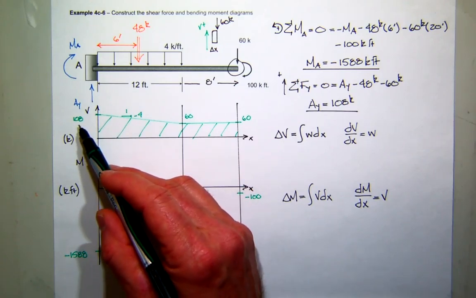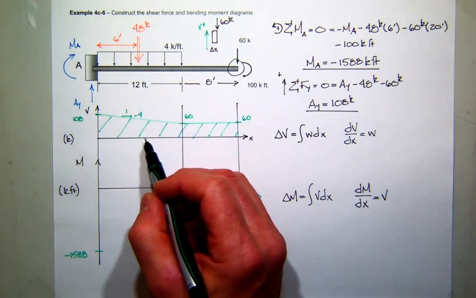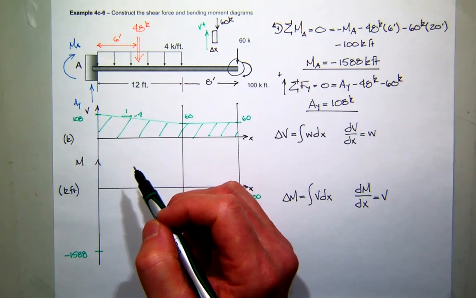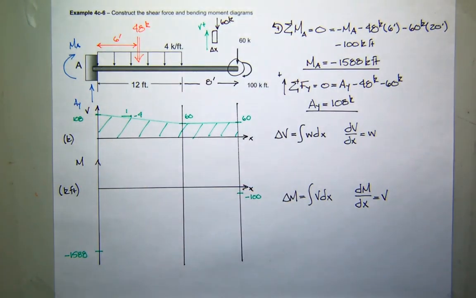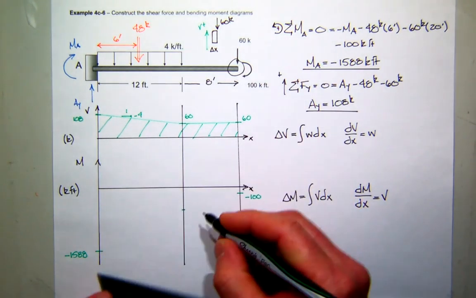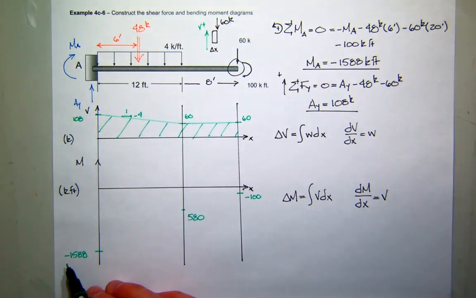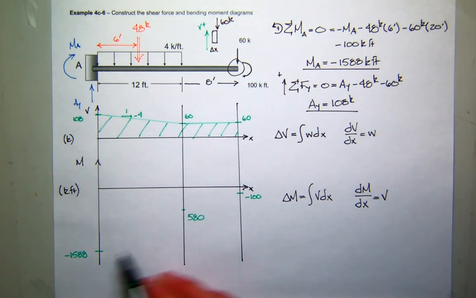The average of the height is 54 and 30, 84. So what's 84 times 12? 1,008. So we're going to add 1,008, and that should bring us to something like negative 580, right? 1588 plus 1008 gets us to 580.